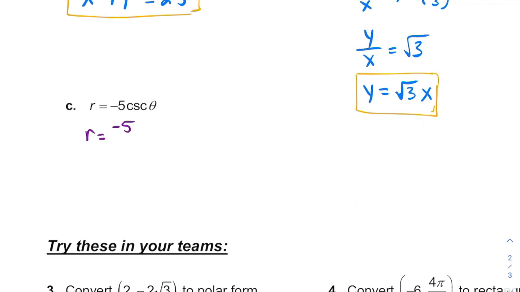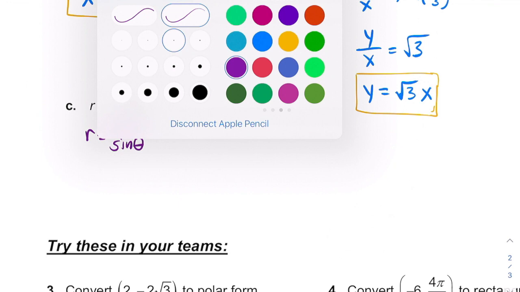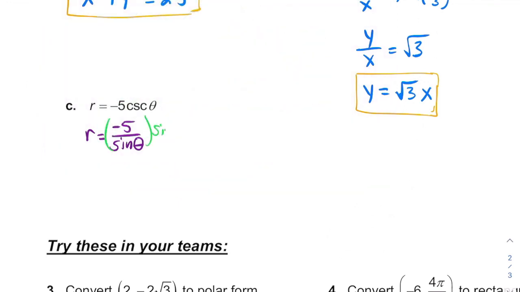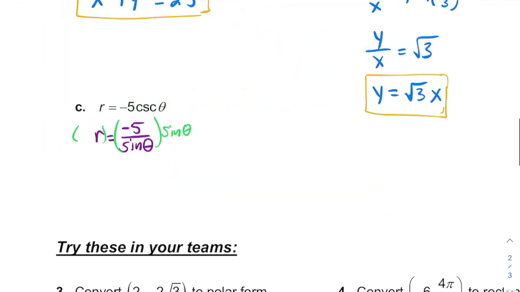So this is negative 5 over sine theta. Well, I actually know that r sine theta is y. So I can actually take this and I can multiply both sides by sine theta. And this becomes r sine theta is equal to negative 5.